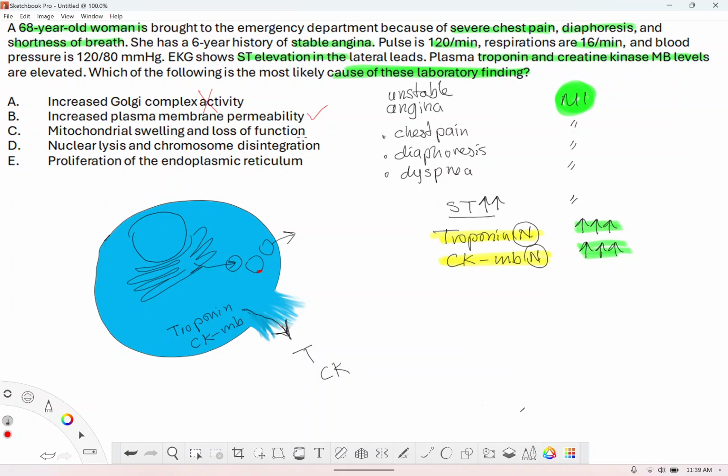Mitochondria swelling and loss of function. Look, mitochondria don't have troponin or CKMB, so whether they swell or lose function is not going to affect troponin and CKMB levels. If anything, mitochondria contain pyruvate dehydrogenase enzyme and electron transport chain enzymes responsible for production of ATP. When the mitochondria are damaged because of myocardial infarction or ischemia, that means initially the damage happened because you're not having enough ATP.